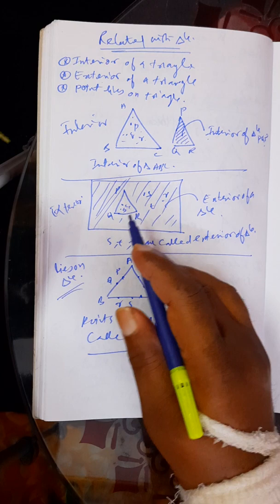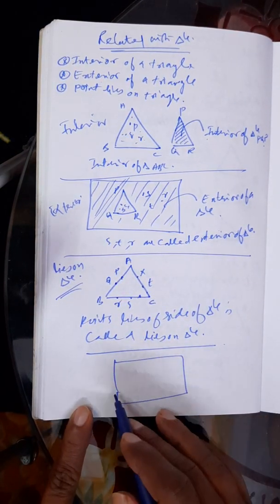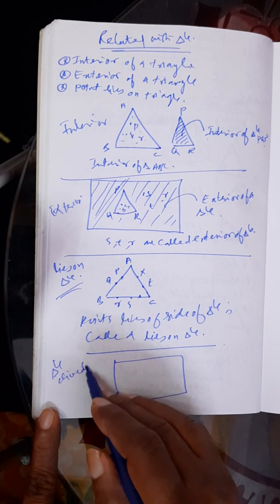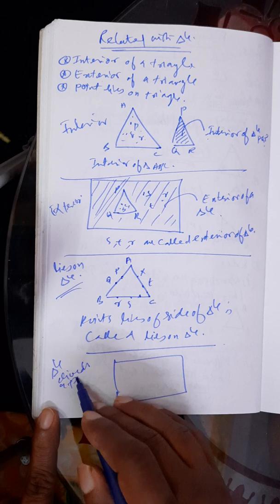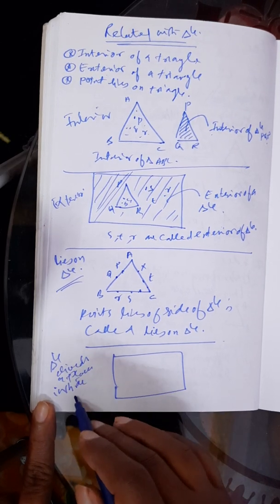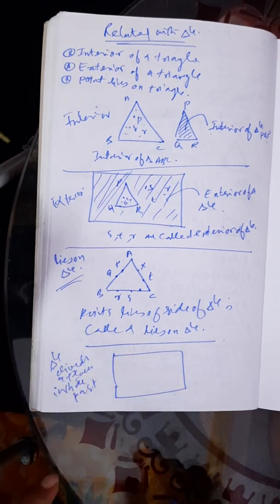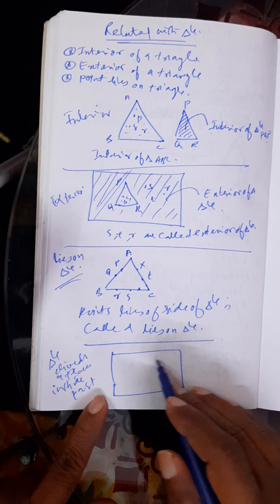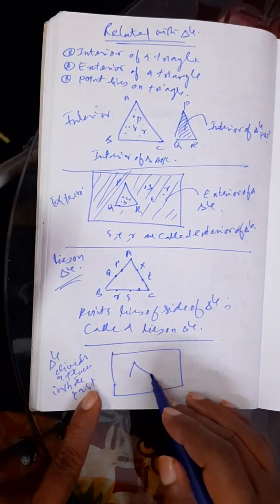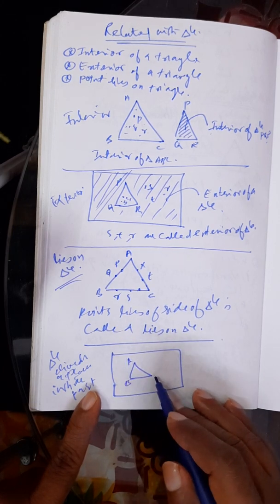Now see, this is a plane. A triangle divides a plane into three parts. Remember this. This is a plane in which I am drawing a triangle ABC.